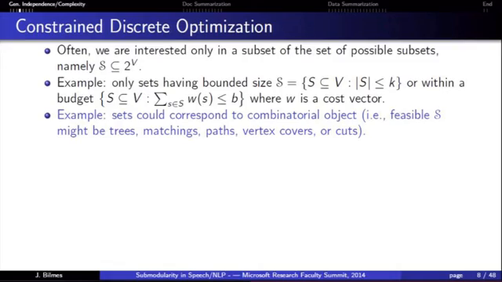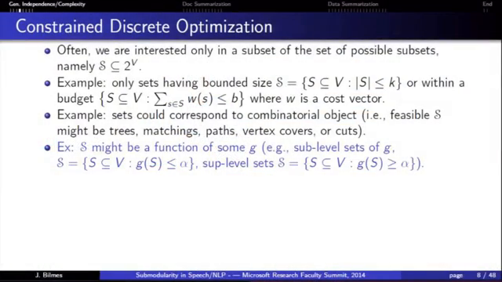Or the set S could correspond to various combinatorial objects, because let's say V is a set of edges in some graph. Then the feasible set could correspond to trees or matchings or paths or vertex covers and cuts or any combinatorial object which you might imagine being of use.